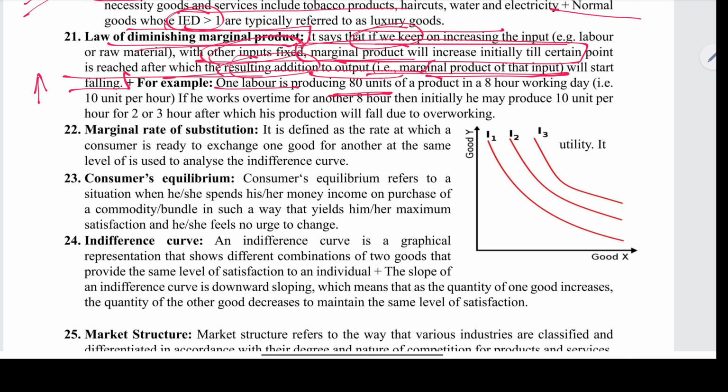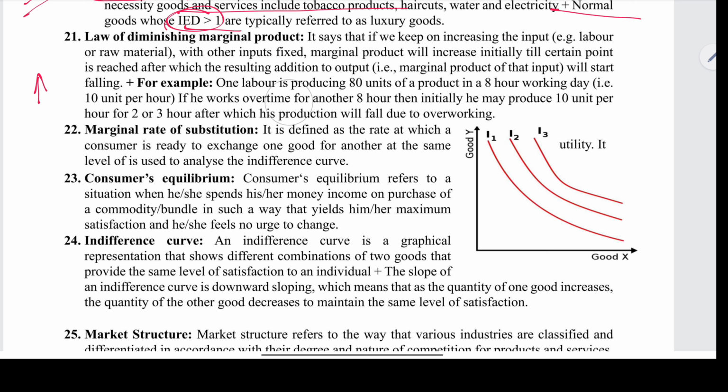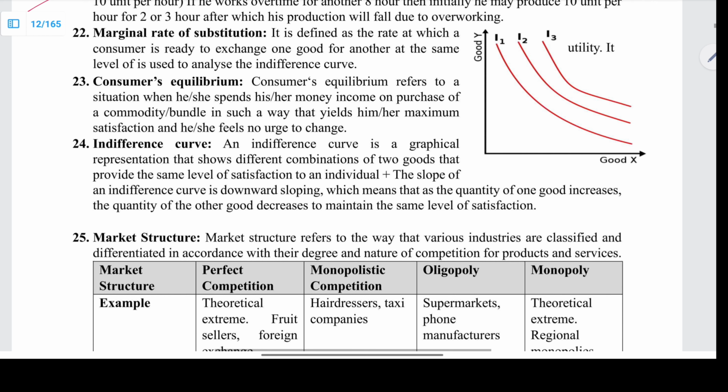For example, one labor is producing 10 units per hour, so 80 units in an 8-hour working day. If they are overworking, there is a diminishing, right? This is what we call the law of diminishing marginal product. If we are overdoing something, it diminishes.